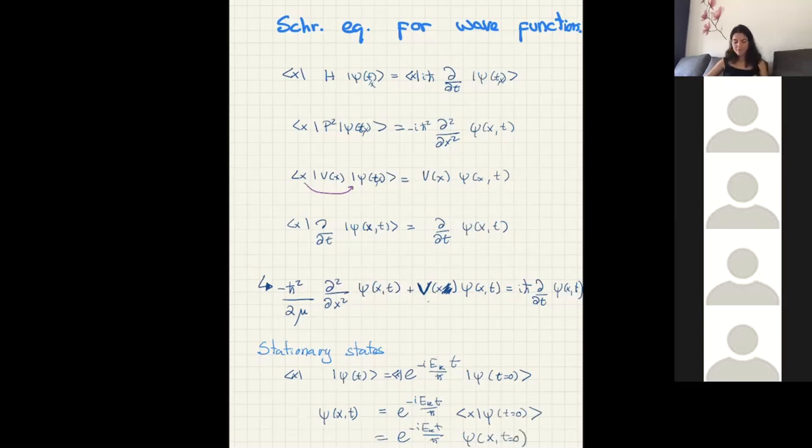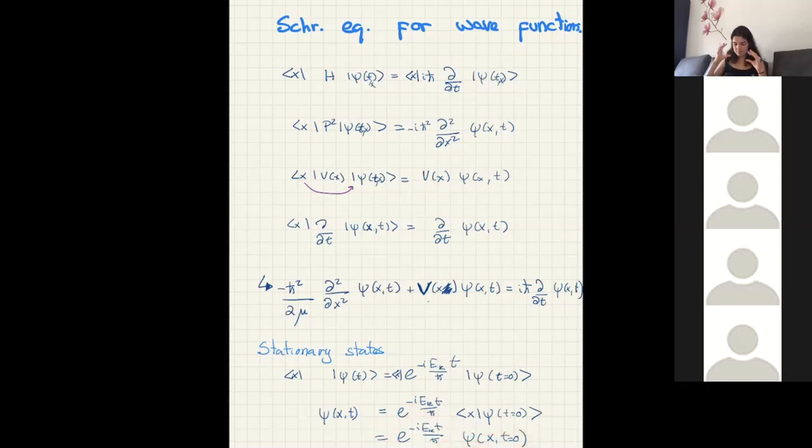Okay? Which means that when we look at the stationary states of the Schrödinger equation in a line, we'll have something that depends only on the position, and then the dependence on time is only going to be this phase, this global phase. Okay?